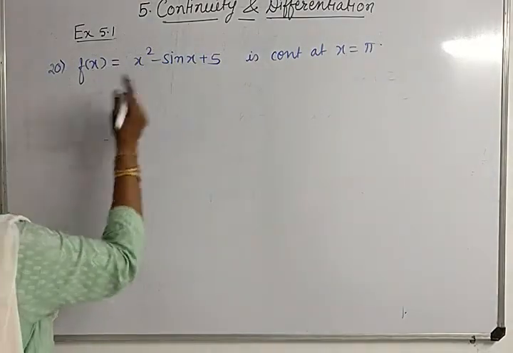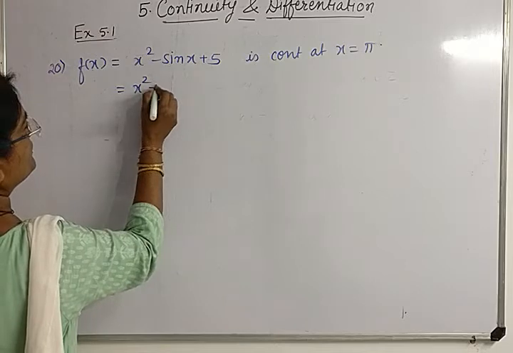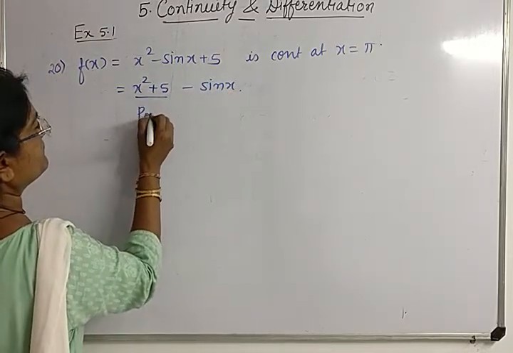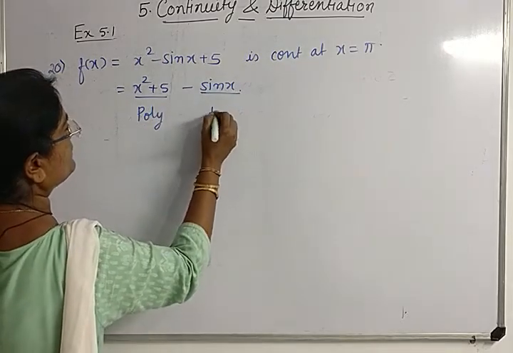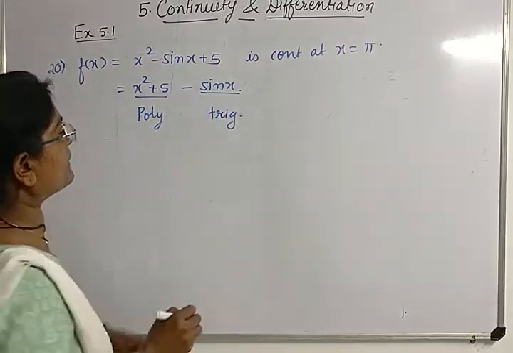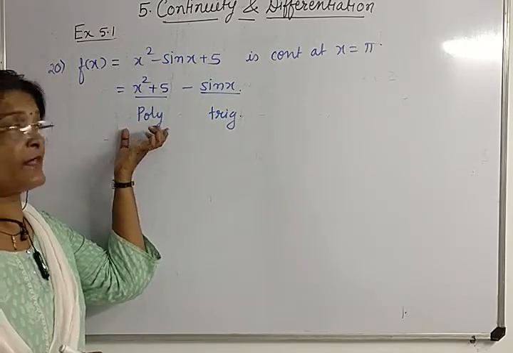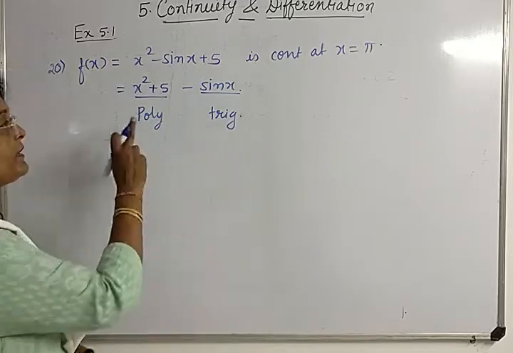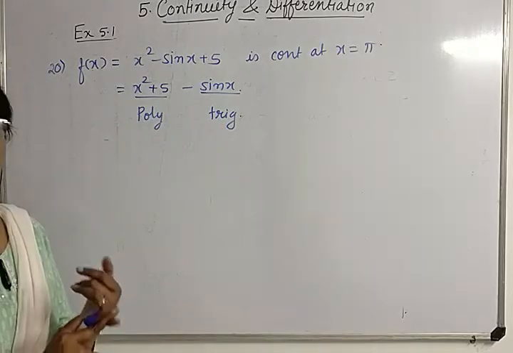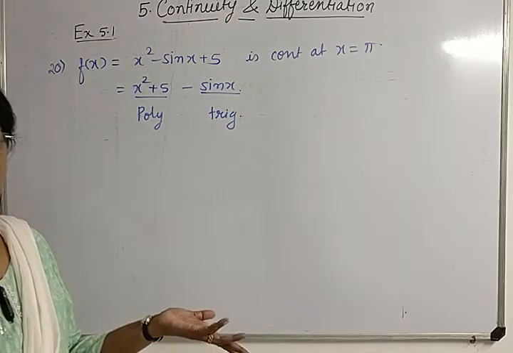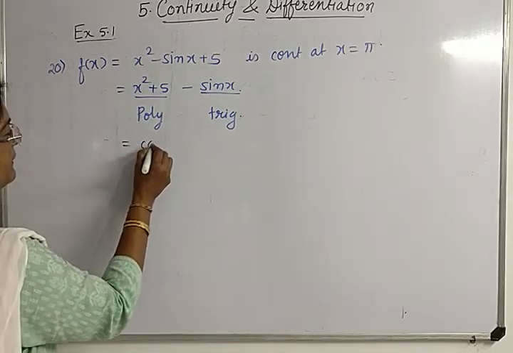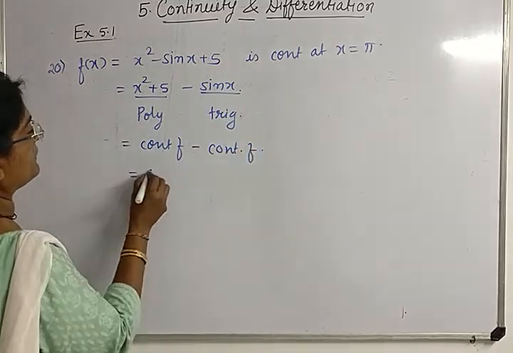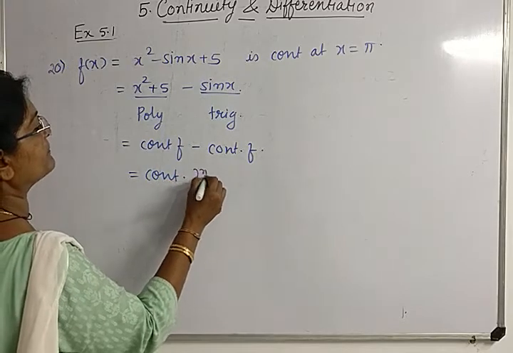क्योंकि इसको हम लिख सकते हैं दैट इज एक्स स्क्वायर प्लस 5 माइनस साइन एक्स. So it is a polynomial function, it is a trigonometric function. Every polynomial function is a continuous function and sin x is continuous at all points, and therefore continuous minus continuous, the subtraction of two continuous functions is again a continuous function.